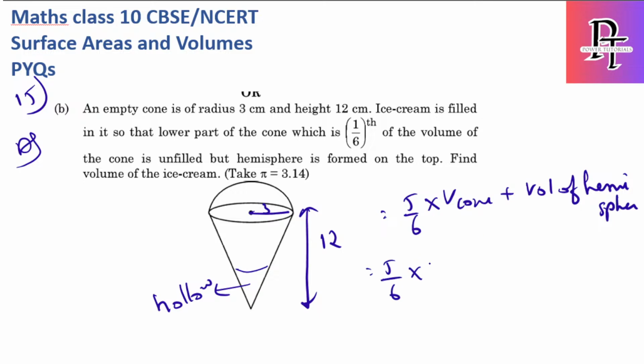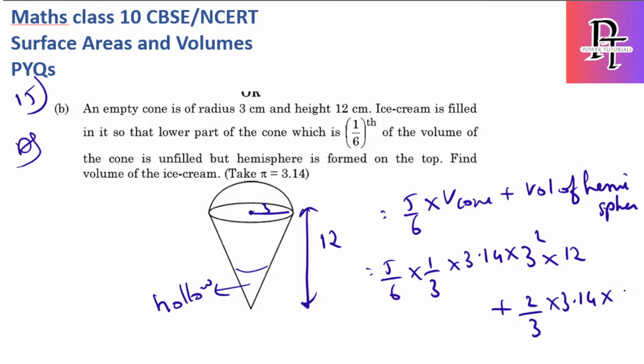Volume of cone is 1 by 3 pi r square h. So 1 by 3 into pi, they have mentioned 3.14. r square is 3 square into height is 12 plus volume of hemisphere is 2 by 3 pi r cube. So radius is again 3 cube.